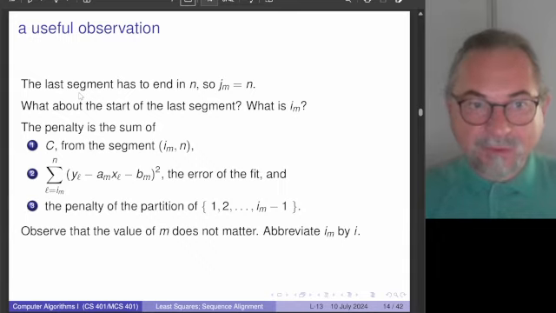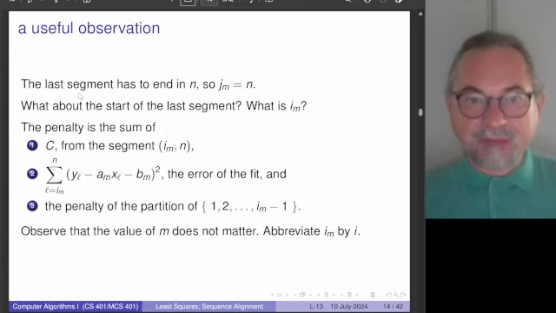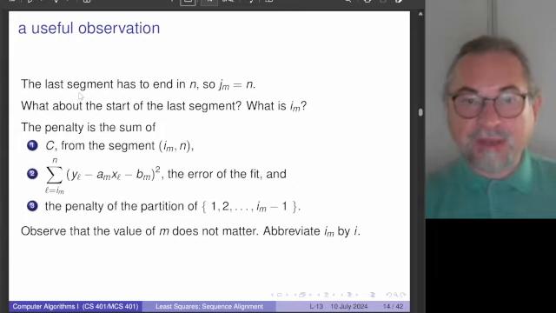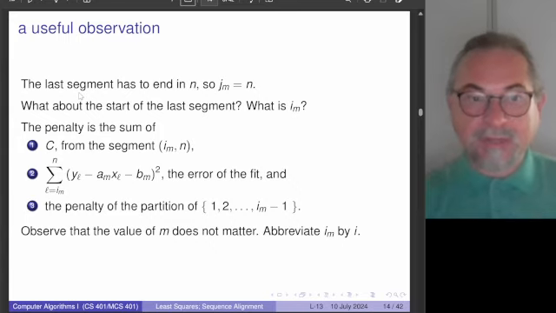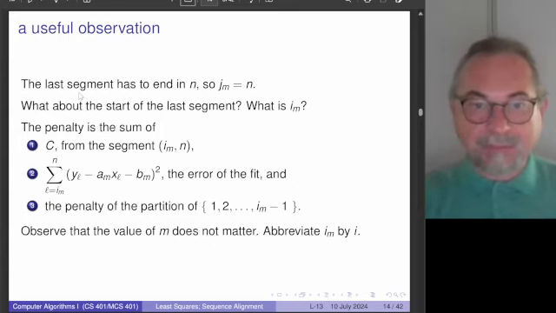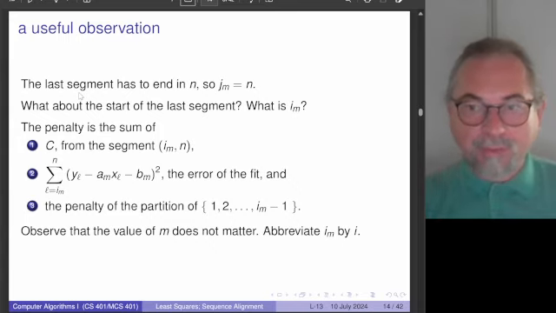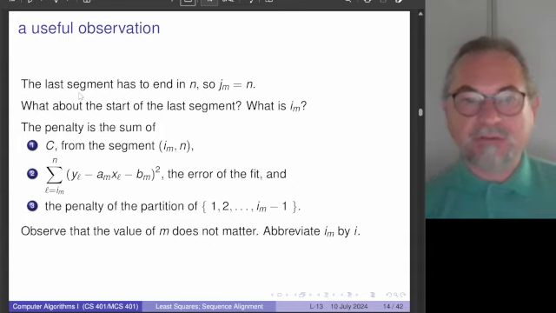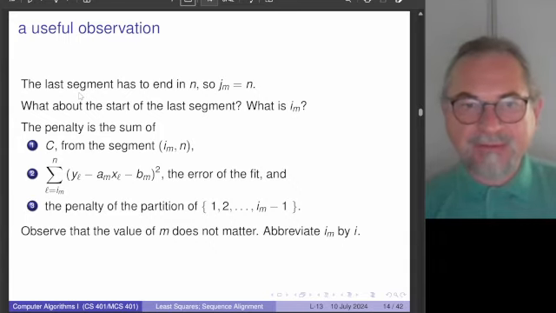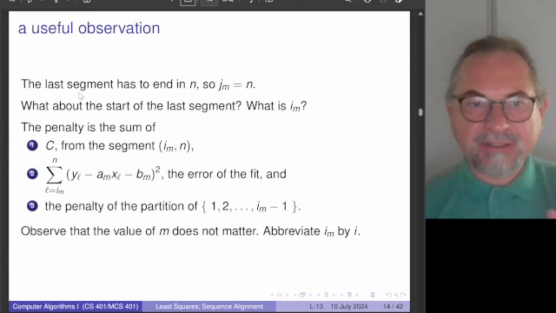We have a cost from our segment, we have an error from the fit, and then we also have, and here you see the recurrence coming in, the penalty of the partition of all the points that come before the start of our last interval. At the end, we will actually know what the value of m is, but for now it doesn't really matter. So we have i, our current index that we will compute. That's the start index of the last segment.